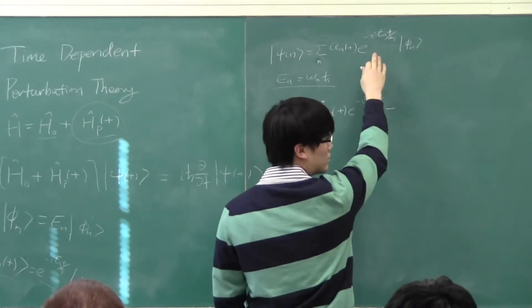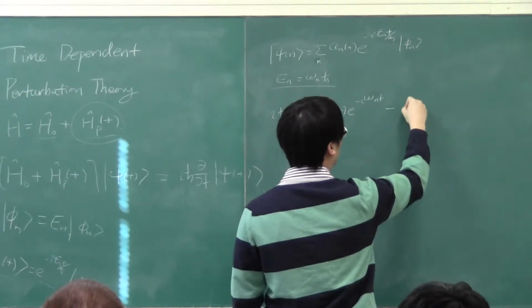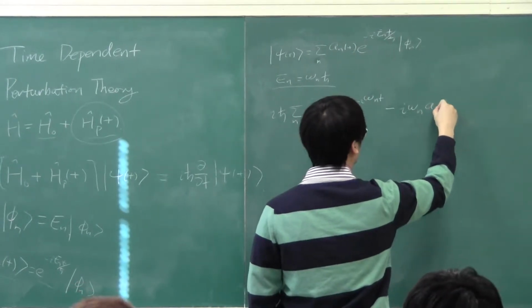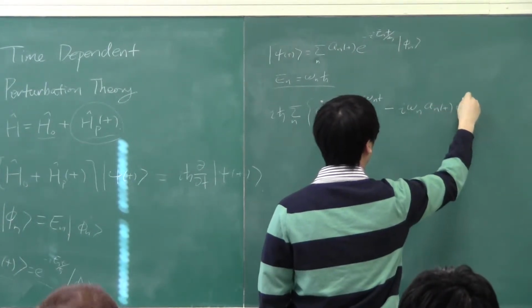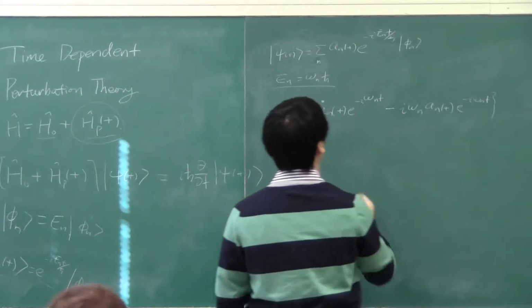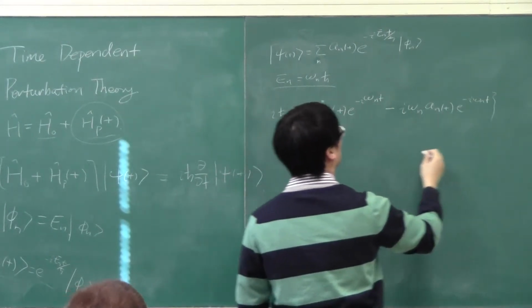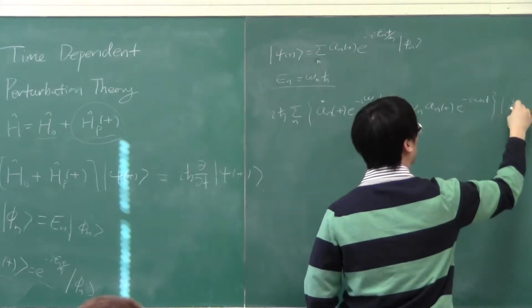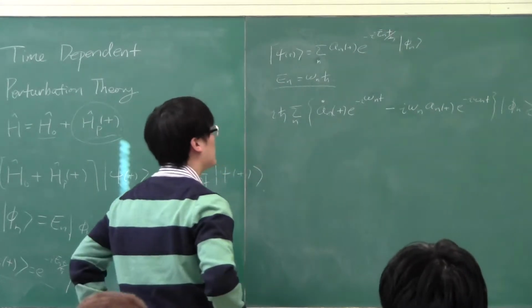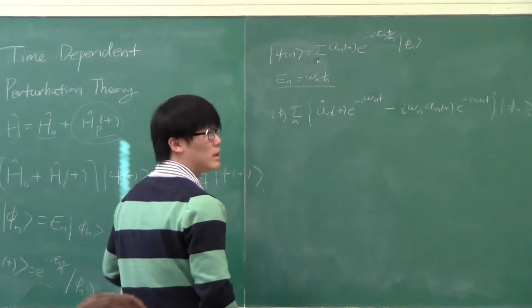And then I take the derivative with respect to the exponential, which gives me i omega_n with a minus sign, and then a_n(t) times minus i omega_n t. And then the whole thing times phi_n, and the phi_n is time independent. So this is the right hand side.